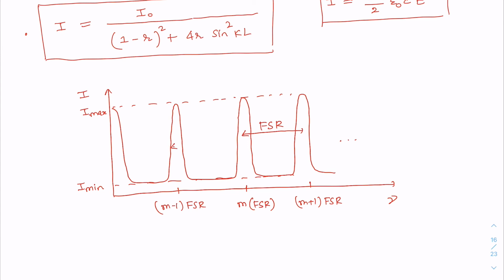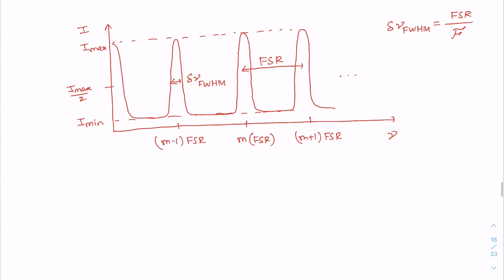And all these resonance peaks have a width, which is the full width at half maximum. We'll show that this full width at half maximum, or resonance width, is actually a ratio between the free spectral range and the finesse of the cavity.